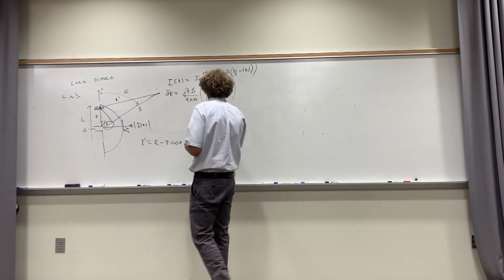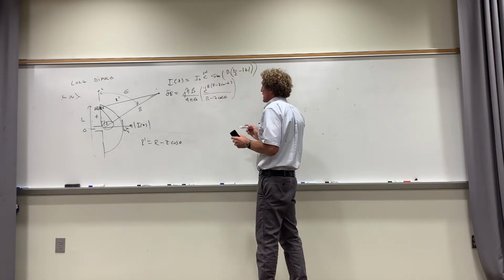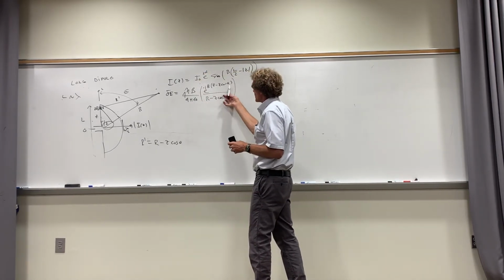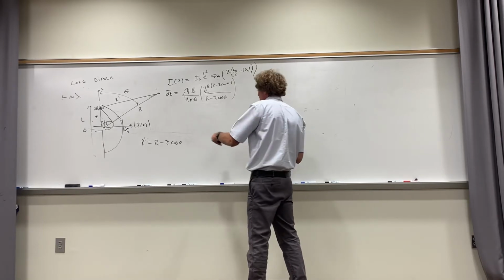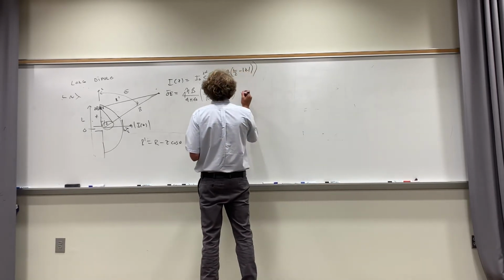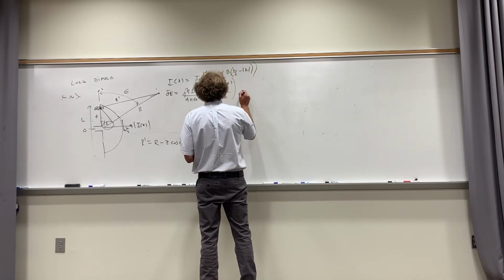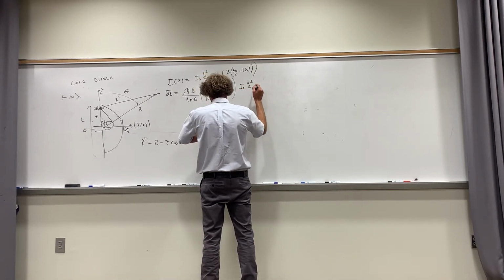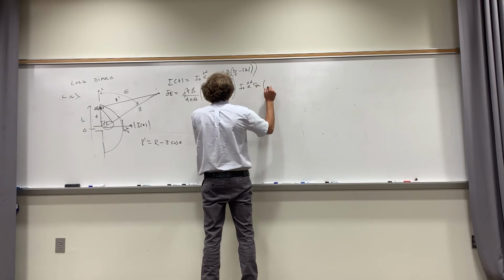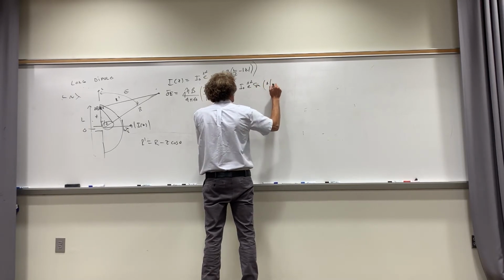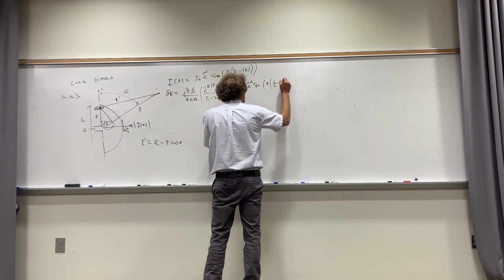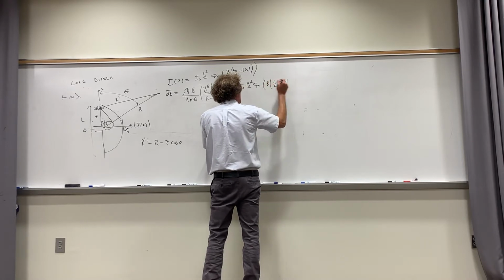Normally it was just e to the minus j beta r over r, but the fact is that my r prime would go here, and my r prime is this. Then it's going to be times the value of I, which is I naught e to the j alpha times the sine of beta times L over 2 minus the magnitude of z, that's beta in here.